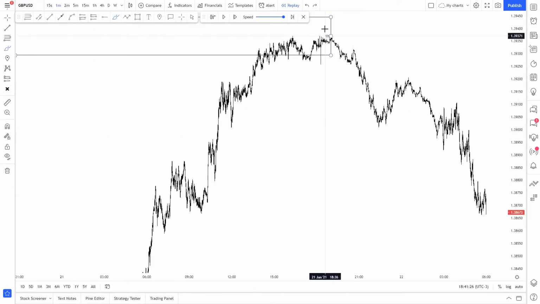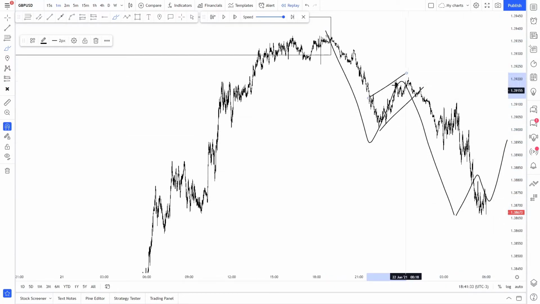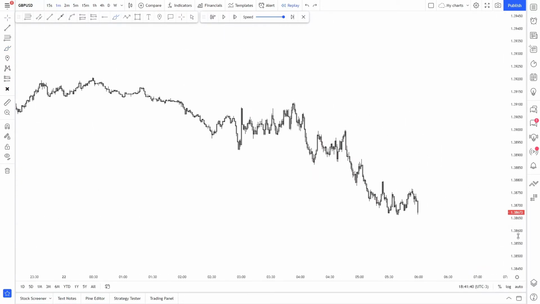But I do see that we come from a pretty prolonged move. At the very least, I expect somewhat of a big pullback, such as that one and this one, and then a continuation to the downside, but it's more likely that we'll actually go higher.